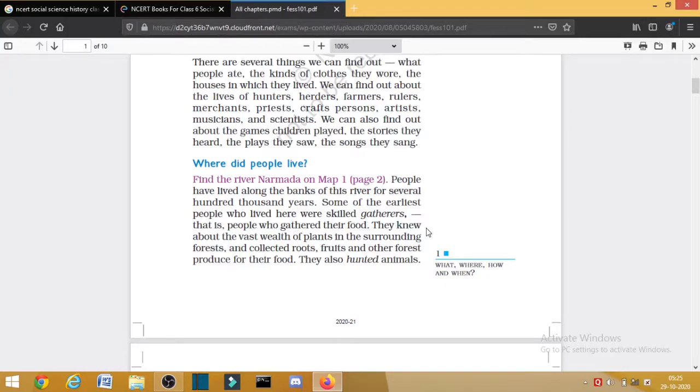They knew about the vast wealth of plants in the surrounding forest and collected roots, fruits, and other forest produce for their food.